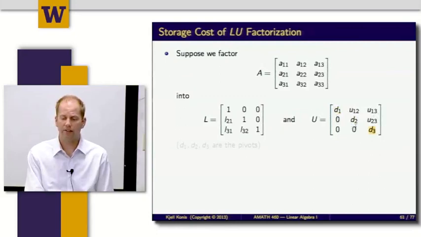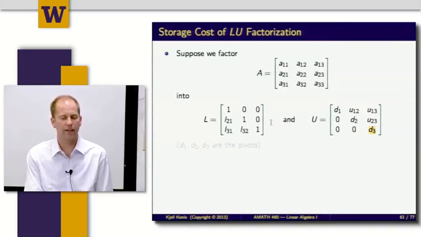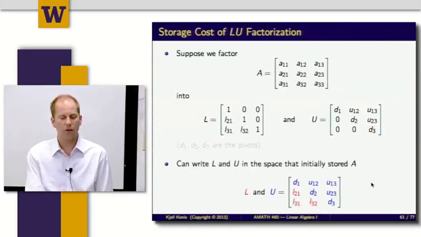But I have these three values down here that I can use for some other purpose. And it turns out I have exactly those three values in my matrix L that determine what L is. Everything else, the diagonal is determined, and everything above the diagonal is determined. So I can actually write this whole thing in the same space that I would use to store my matrix A.